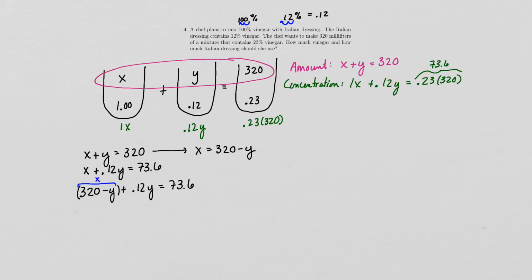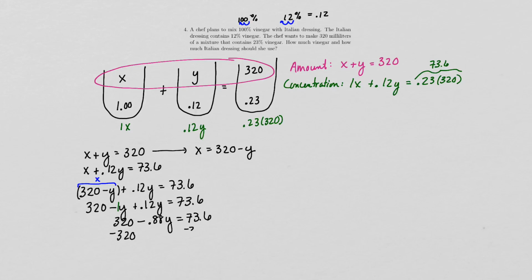That's okay. So 320 minus y plus 0.12y equals 73.6. Remember, there's a negative 1 in front of that y. So negative 1 plus 0.12 to add the like terms together is going to give me negative 0.88. So I have 320 minus 0.88y equals 73.6.